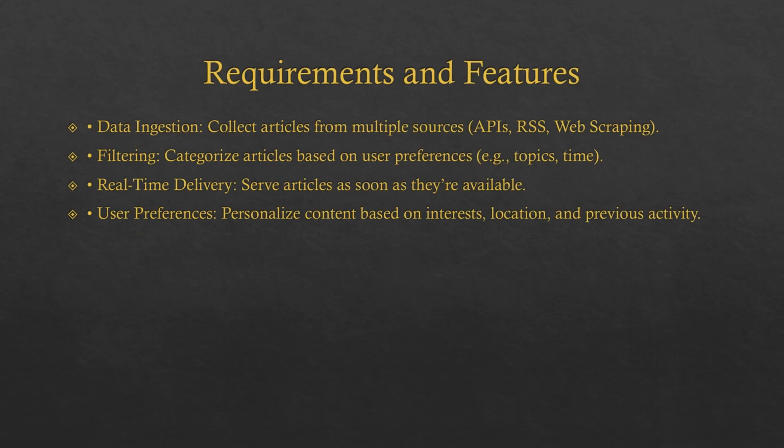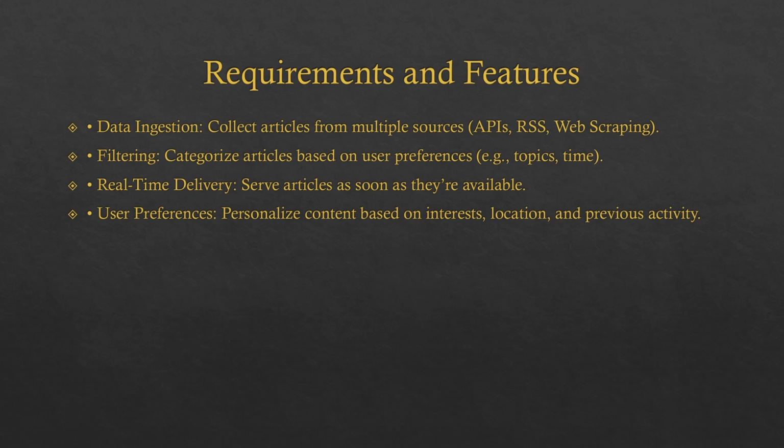Let's begin by discussing the core requirements and features of the system. A news aggregator system needs to efficiently collect articles from multiple data sources. These sources could be news APIs, RSS feeds, or web scraping.